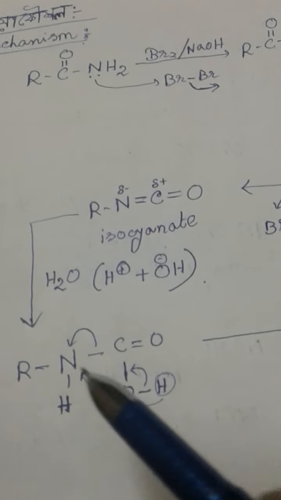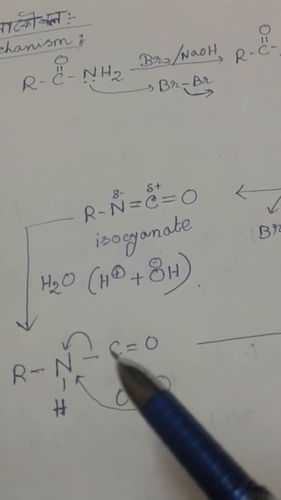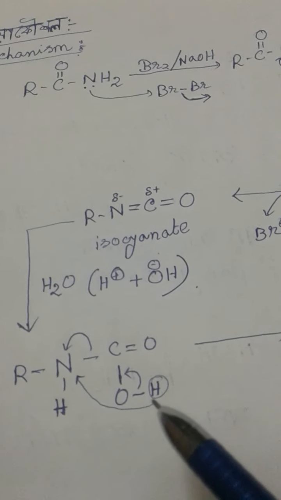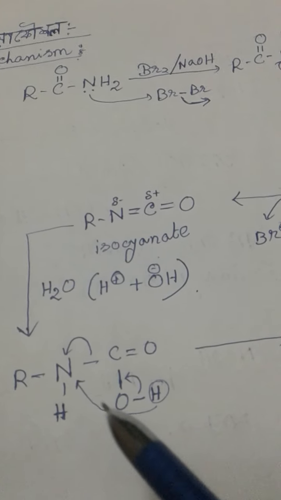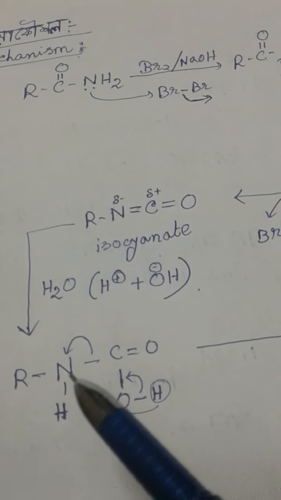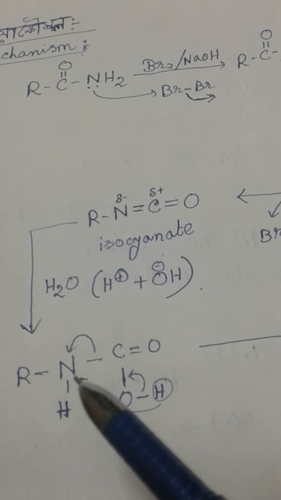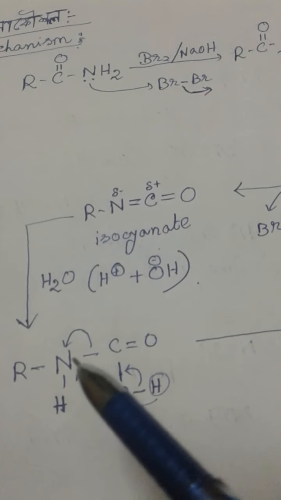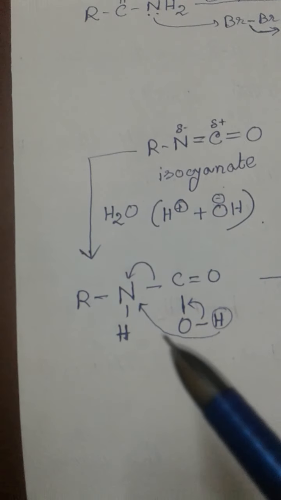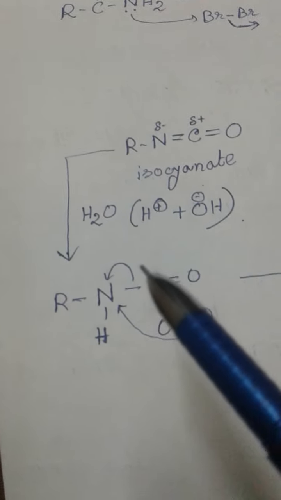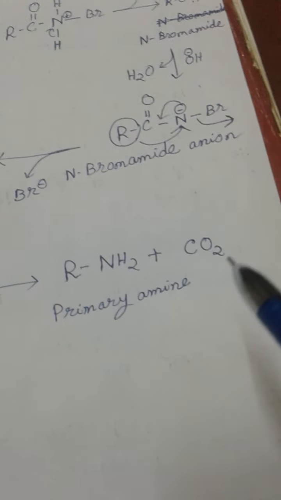This is impossible, so the bond between N and C breaks, and the H plus from OH rearranges and joins with the N of the isocyanate group, so a CO2 molecule is eliminated and forms RNH2, that is RNH with one H coming from the OH group. This bond breaks, so a CO2 molecule is formed.